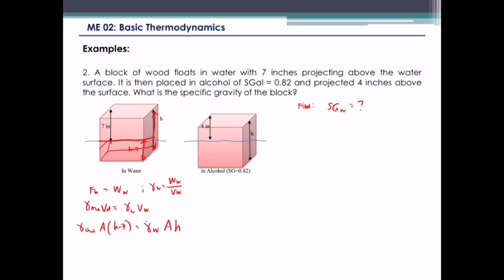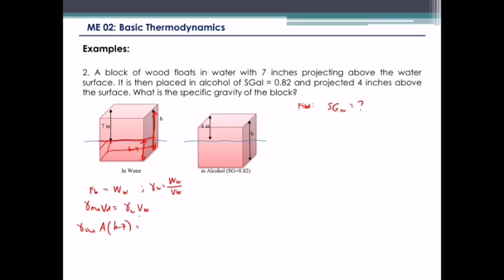Now, let us substitute the values of gamma of the wood with its specific gravity so that we can find the specific gravity.